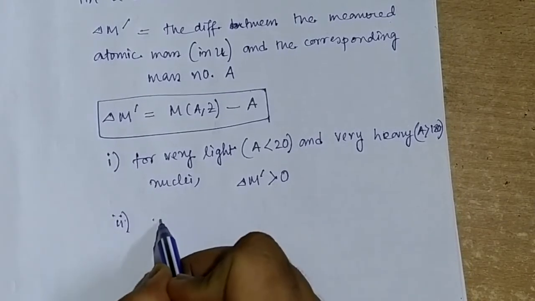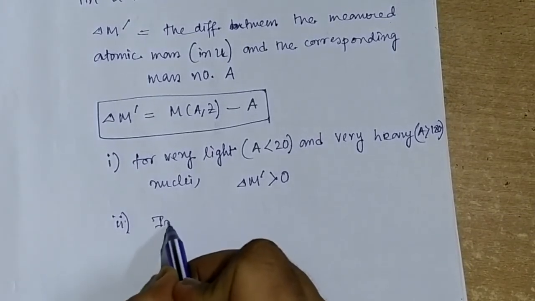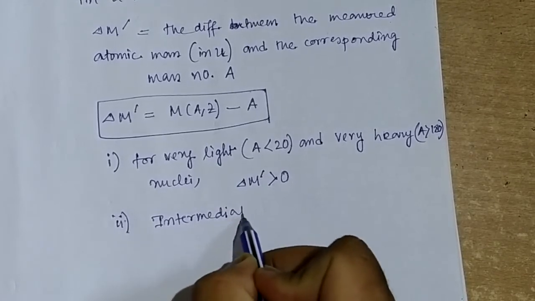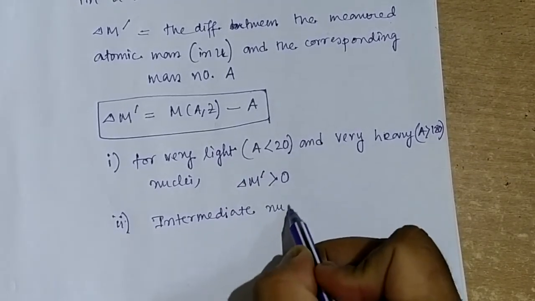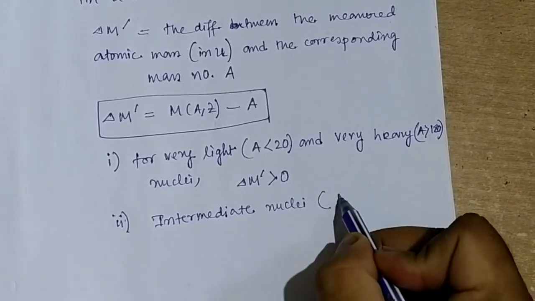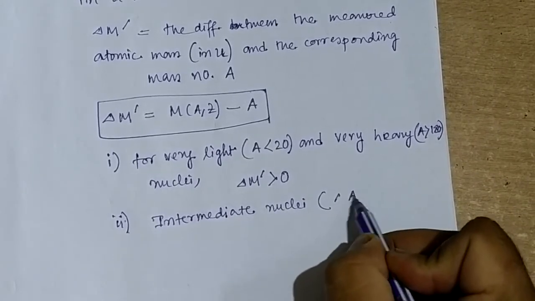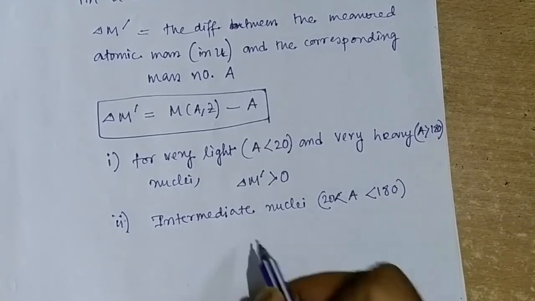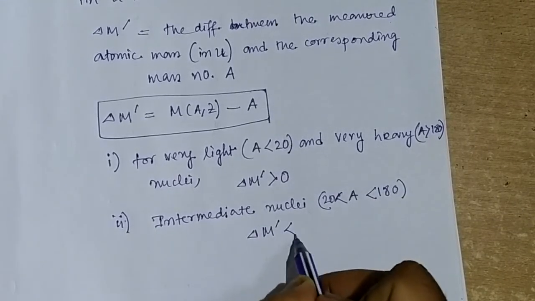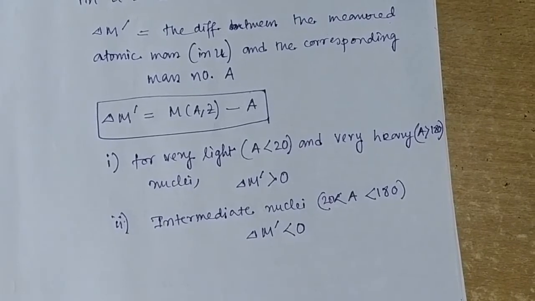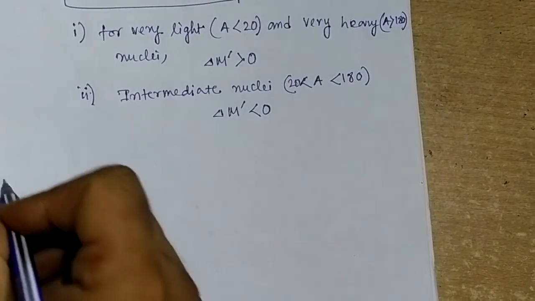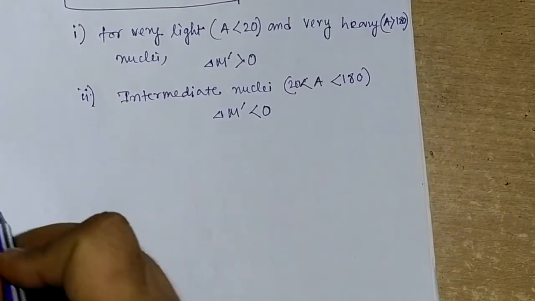Similarly, for intermediate nuclei, that means for mass number greater than 20 and less than 180, del m prime will be negative. Okay, fine. Now the other parameter is packing fraction.